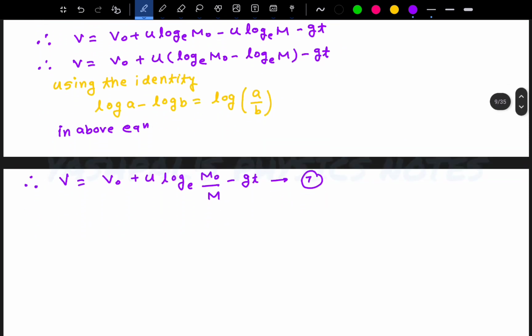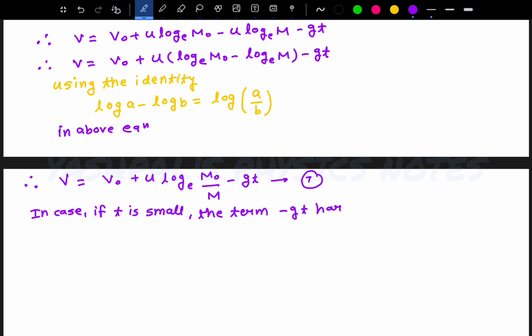Now here I am considering one case. In case t is small, that is, time t is very small, which means the rocket has just taken off from the ground, the term minus gt hardly makes any difference.